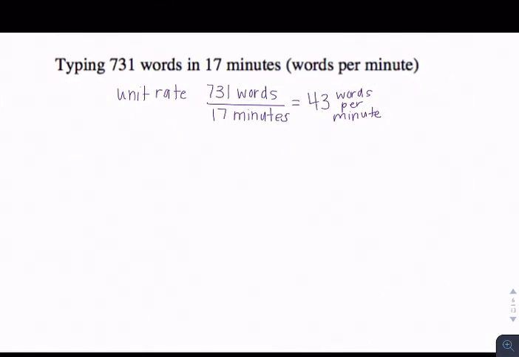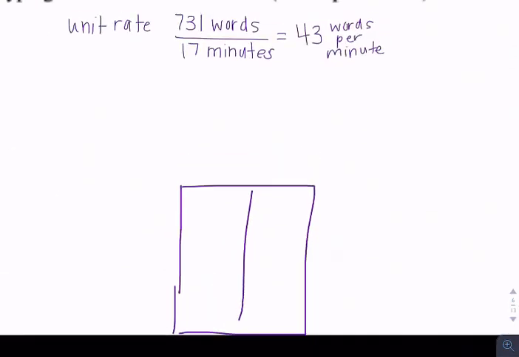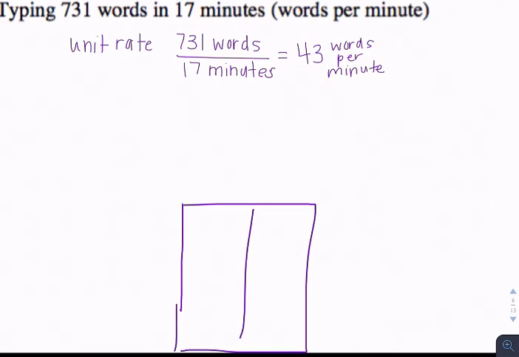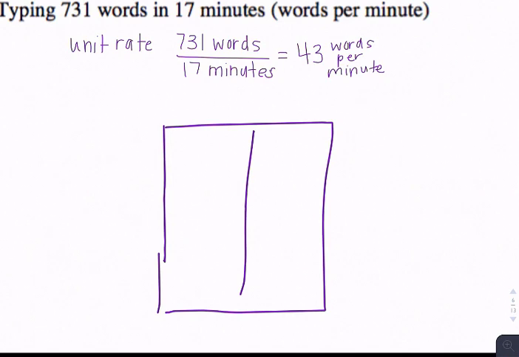Perfect. All right, from there, I like to go ahead and make my table. So I'm going to make a table. It's bigger for right now, and I'll shrink it down again.